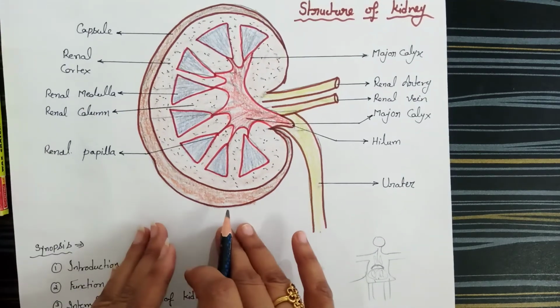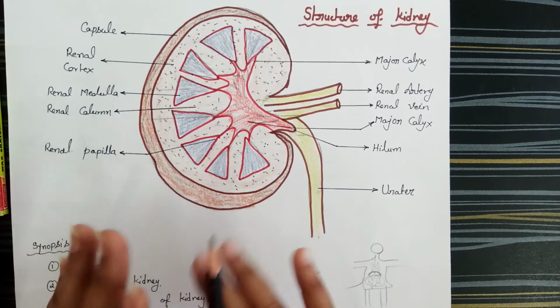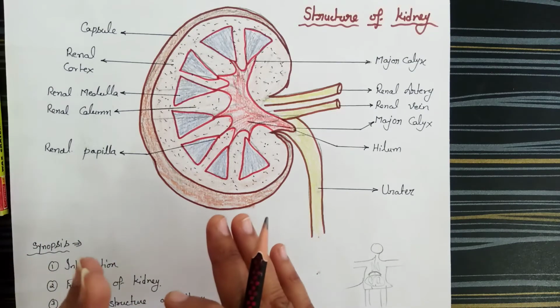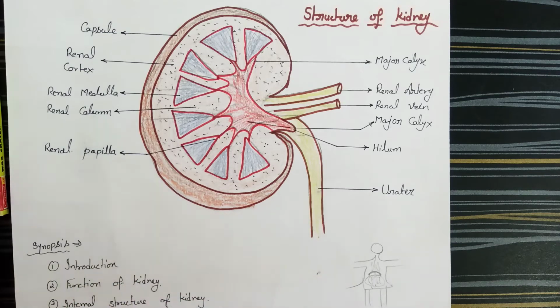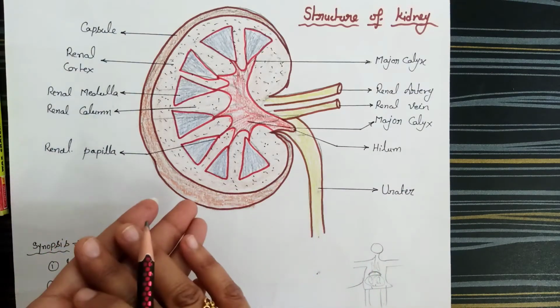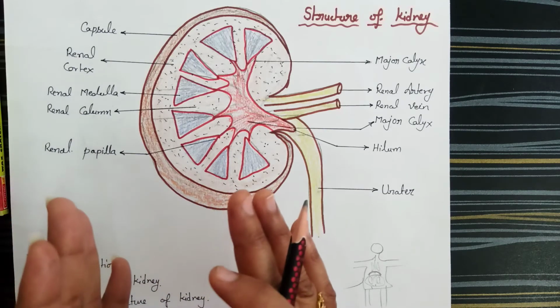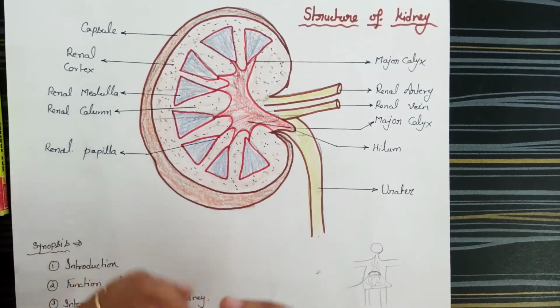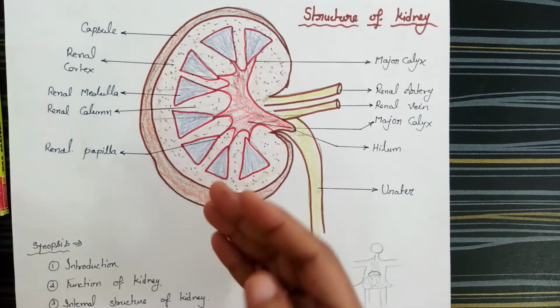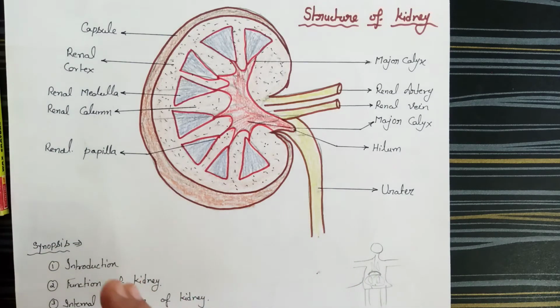Then osmoregulation, it regulates the blood pressure of our body and secretes erythropoietin and renin. The kidney forms urine and uric acid, it maintains the osmotic pressure, and it stimulates the formation of the red blood cells that are present in our blood system.